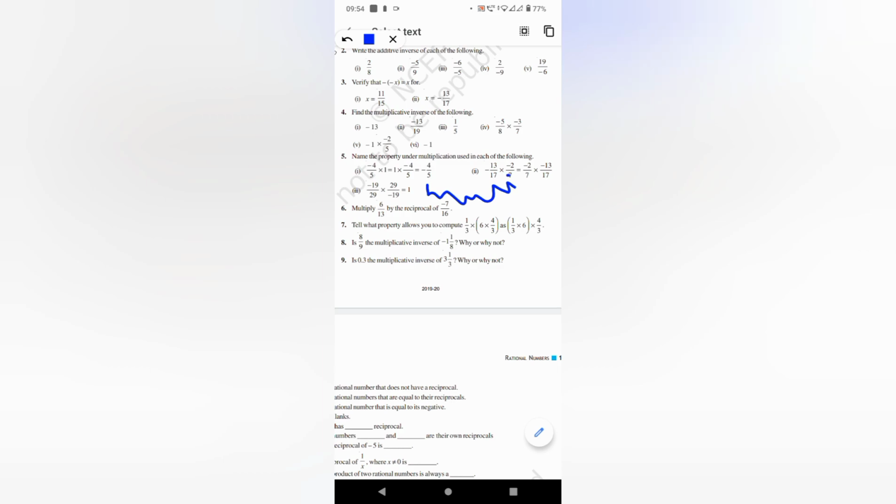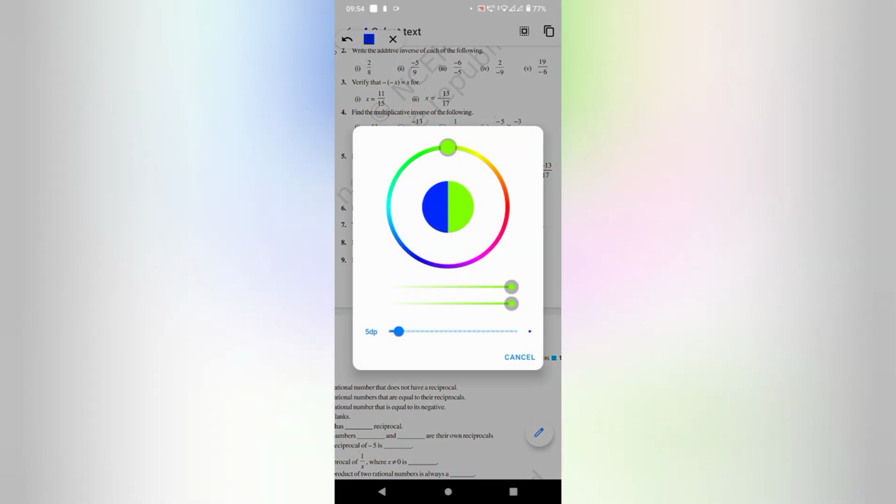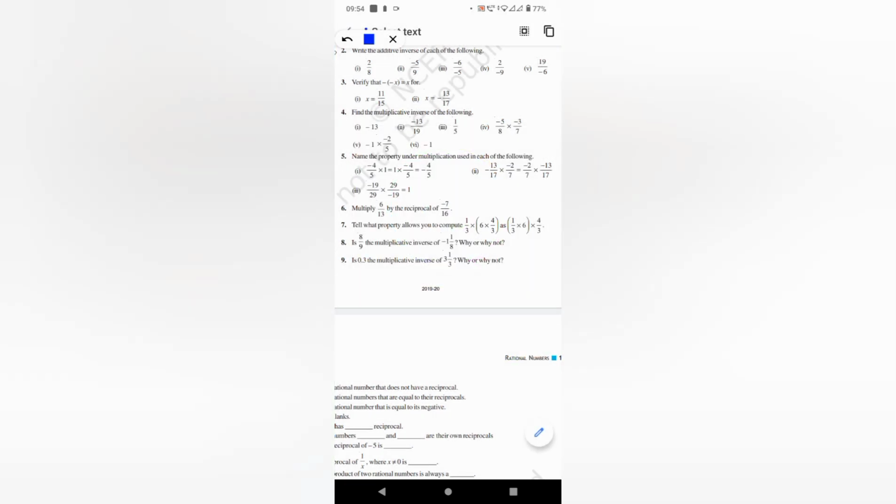Tell what property allows you to multiply 6 by 13 by the reciprocal of minus 16 by 17.